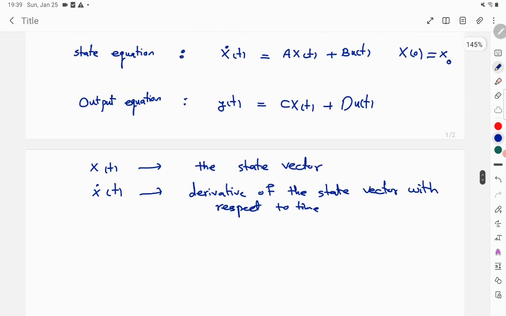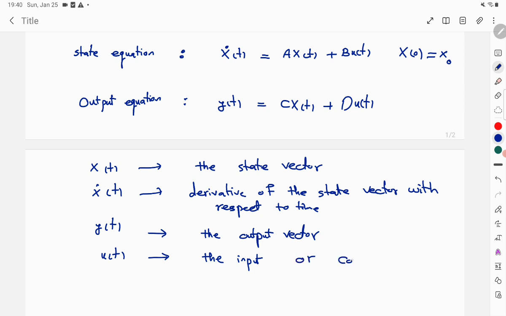Also we have y: y of t is the output vector. Then we have u in both the state equation and the output equation, which is the input or control vector. So these are the vectors.